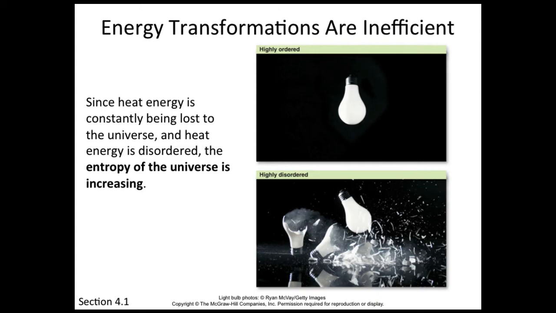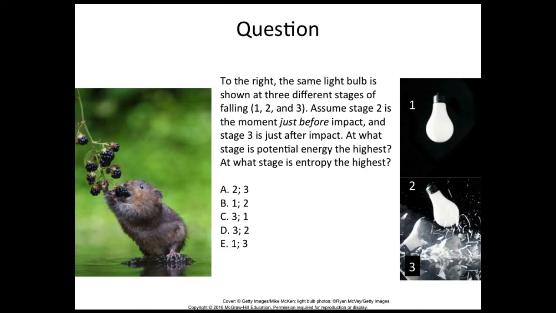And we can see this playing out in this light bulb example, which we're going to have a question about in just a moment. To the right, we see a light bulb falling through space, and we see a light bulb that's just about to explode as it hits the ground. And then finally, we can see the light bulb is completely exploded into a million tiny pieces.